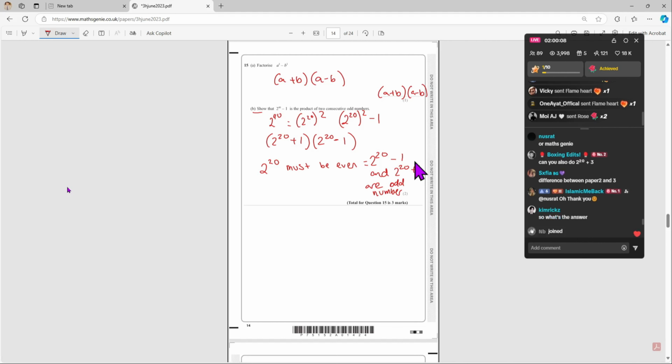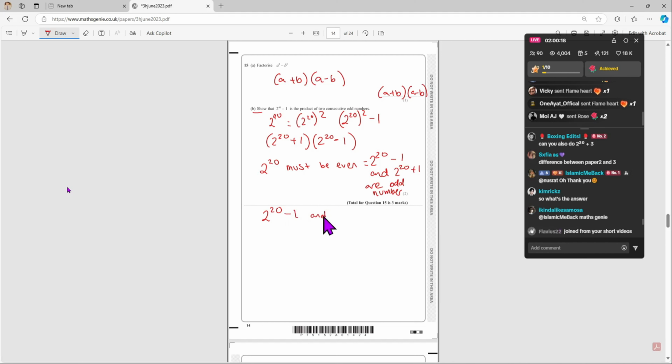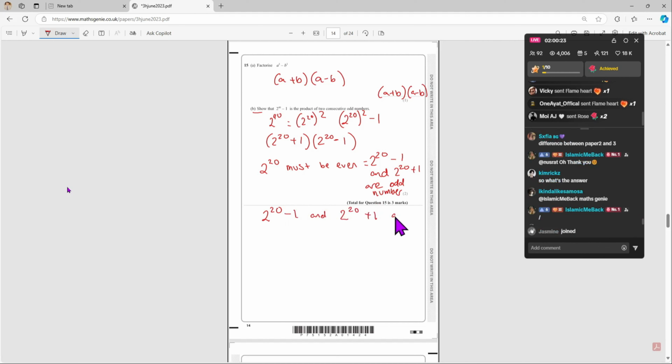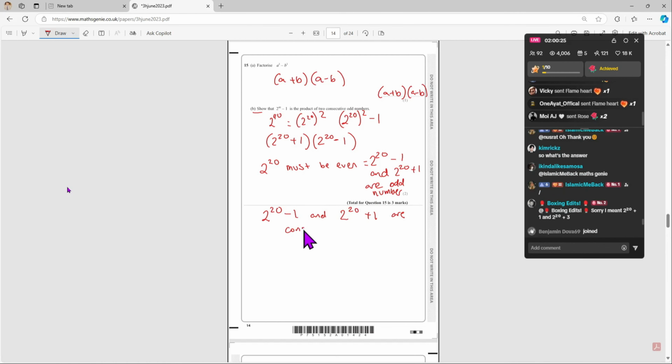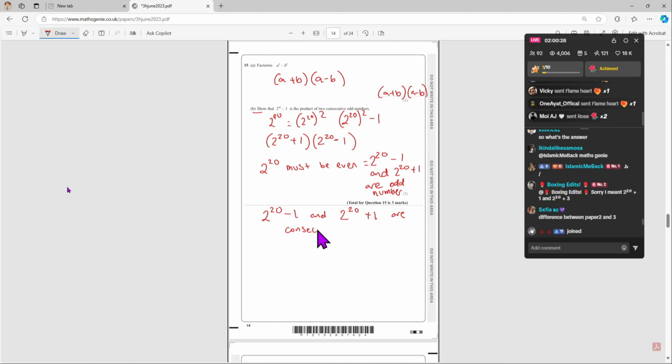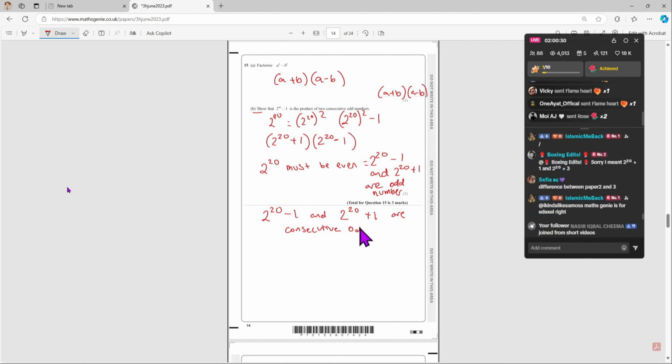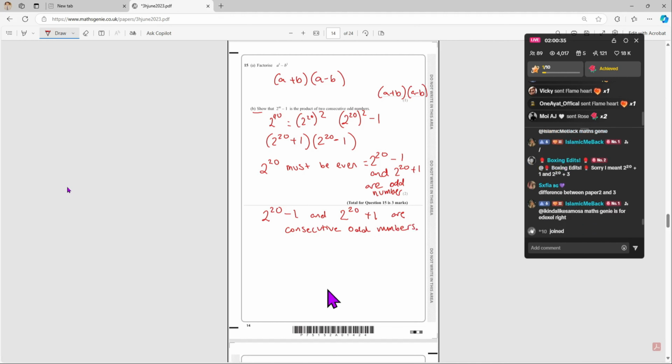That's why they are consecutive. So in the end, you would write that 2 to the power of 20 minus 1 and 2 to the power of 20 plus 1 are consecutive odd numbers. And that's how you would prove it. Well done, guys. That question was worth 3 marks.